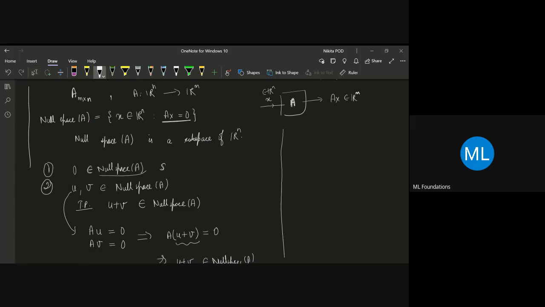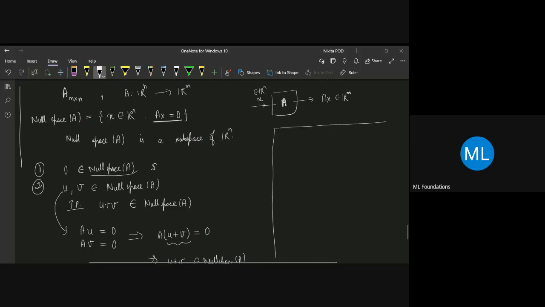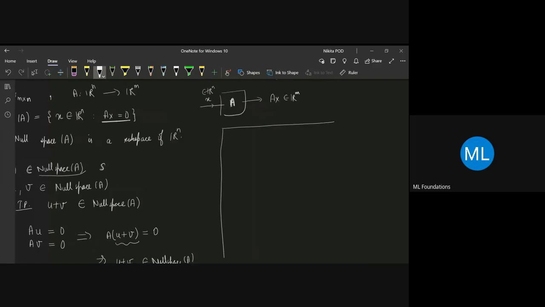You have an m cross n matrix. How does it look? It has rows a11, a12, up to a1n, and it goes down to am1, am2, up to amn.